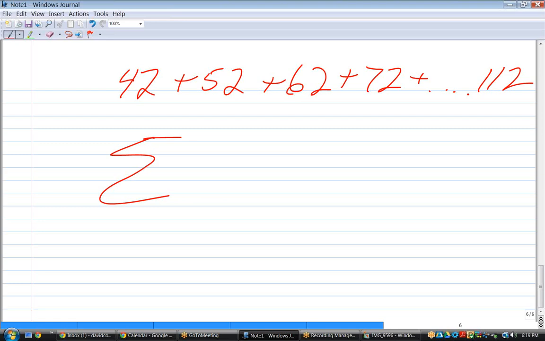So what could the sigma be? Let's see if we can figure out what goes inside first. It could possibly be (k plus 3) squared, with k going from 1 to 8.